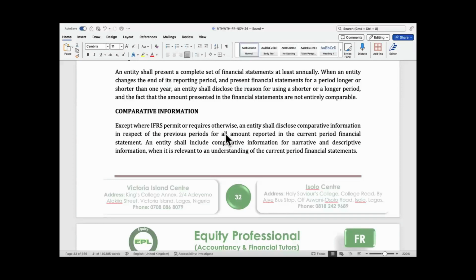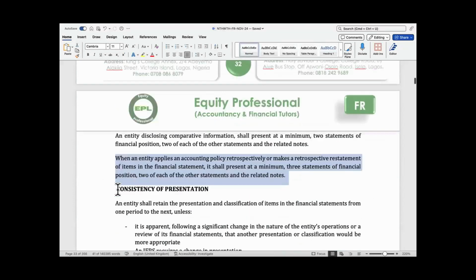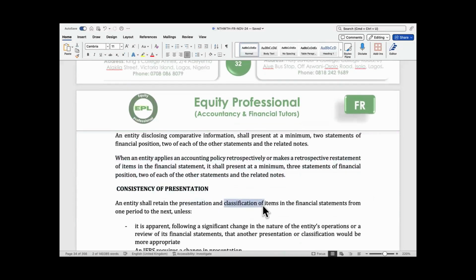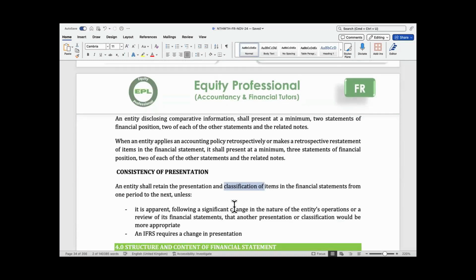Finally, here is consistency of presentation. We are so particular about this that you must retain presentation and classification of items from one period to the next. The way you present and classify an item is how you must continue to present and classify them. And majorly it is for comparability, unless where there is a change in the nature or the way you operate, or probably another presentation or classification format is more appropriate.